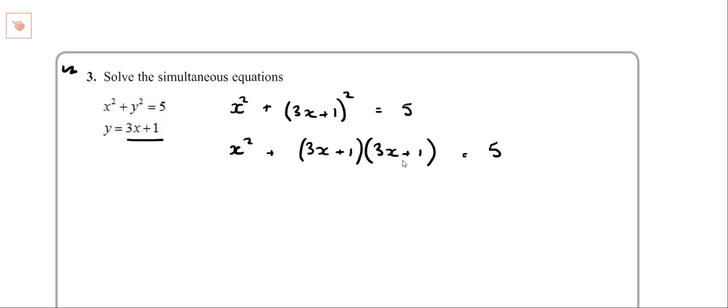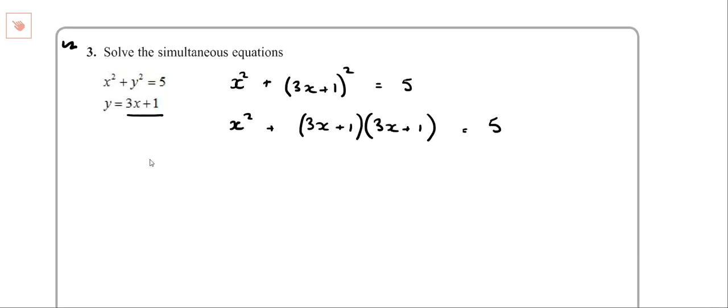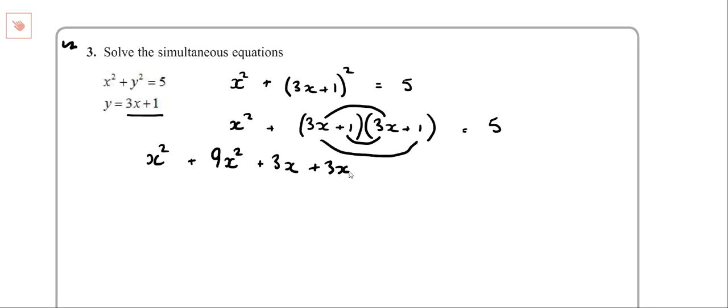And what method do you use for doing double brackets? FOIL. Okay. So I'm going to put my x squared, and then 3x times 3x is 9x squared, plus 3x, plus another 3x, plus 1 times 1 is 1, which equals 5.